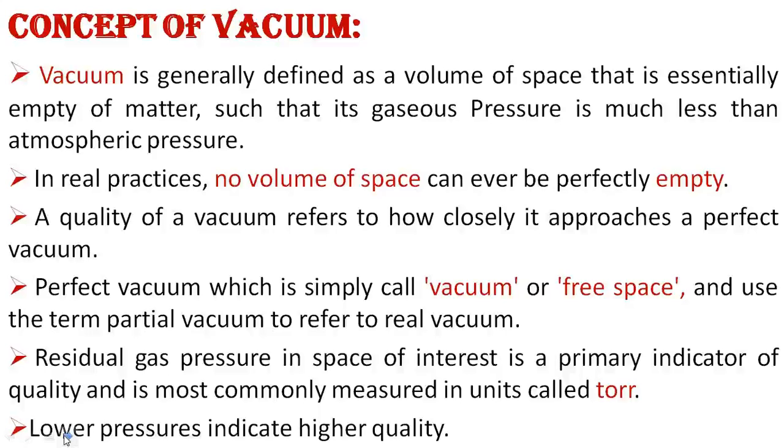A perfect vacuum is simply called vacuum or free space, and we use the term partial vacuum to refer to a real vacuum. Residual gas pressure in the space of interest is a primary indicator of quality and is most commonly measured in units called torr. Low pressure indicates high quality.